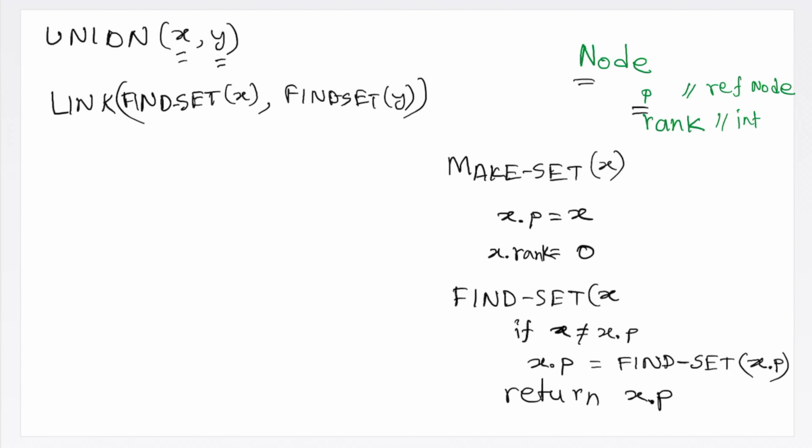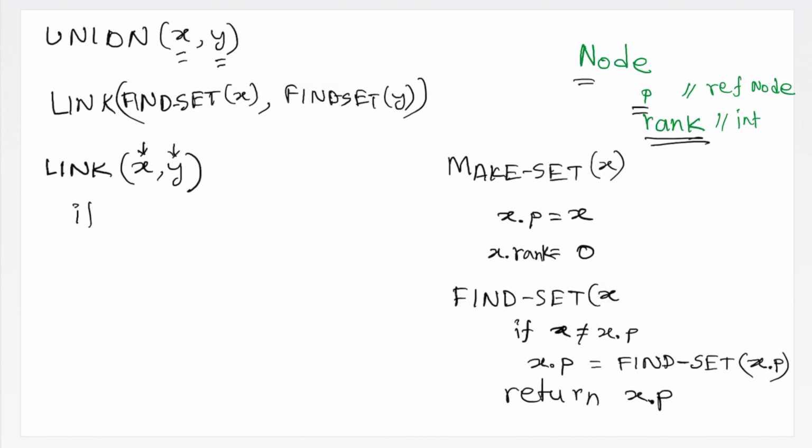We are now writing our link function. The link function also has two parameters, but for sure, this parameter is a root node. Also, this parameter is a root node. Given that these two parameters are root nodes, they have valid ranks.